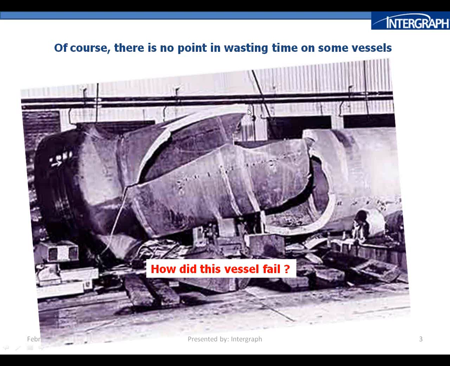Sorry about that. Do you notice this fracture face is at 90 degrees? It's not at 45 degrees. This indicates that this is brittle fracture. Now, brittle fracture is not the subject of this discussion, but I just thought I would mention it as a point of interest.